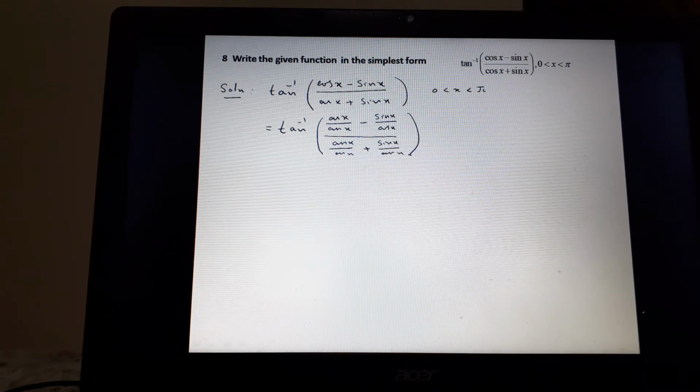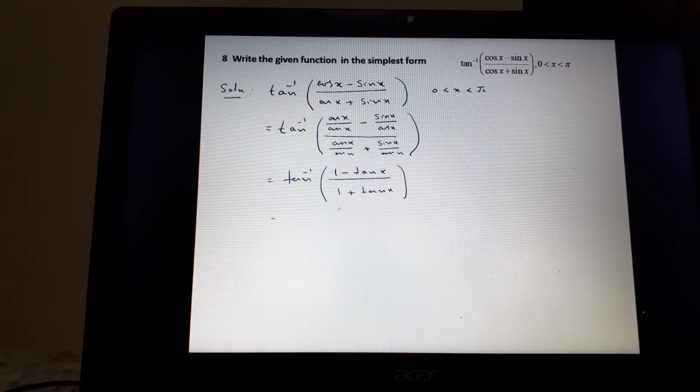So this is the first step. Now this is equal to tan inverse of 1 minus tan x divided by 1 plus tan x.